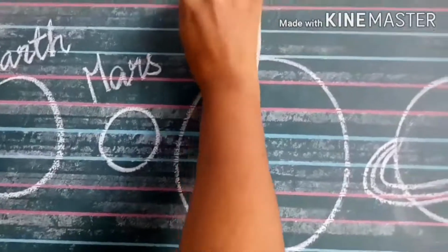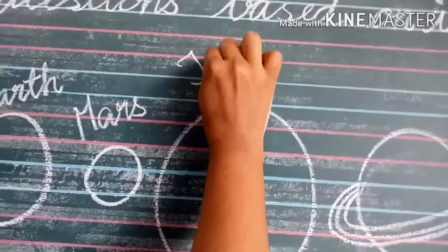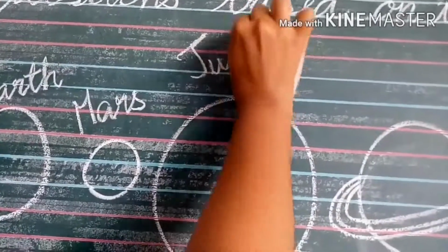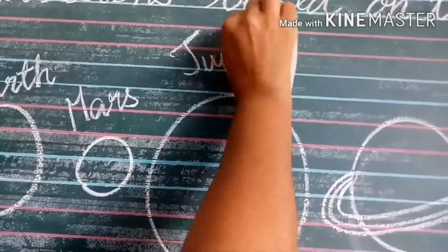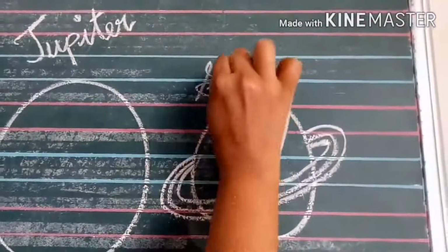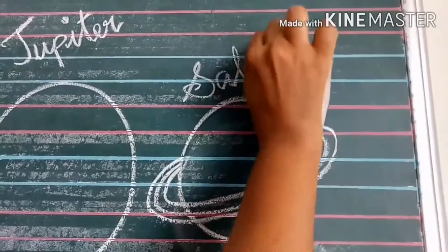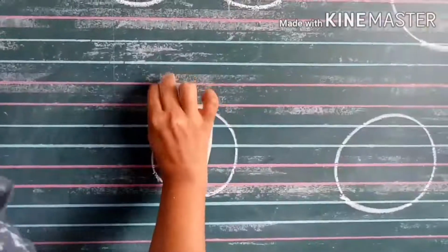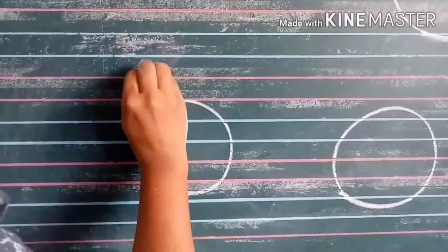Fifth one is Jupiter. The sixth planet is Saturn. Seventh planet is Uranus.